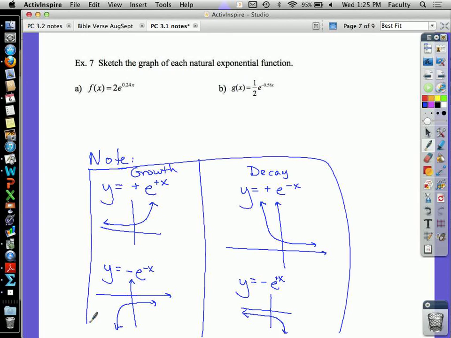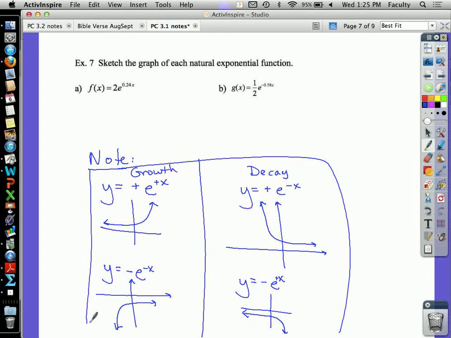And in B, don't you have a decay? Well, here's the generalization. And I want to make this awesome connection to what we've been doing. If I have y equals a positive number times e to a positive x, there's your general, and it's a growth.